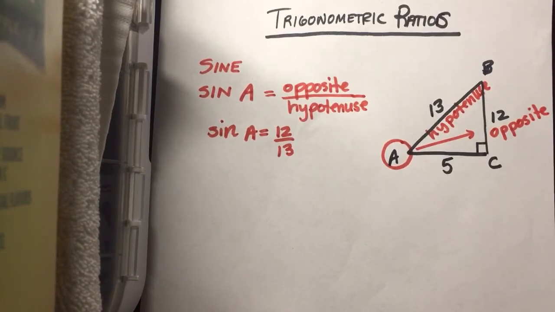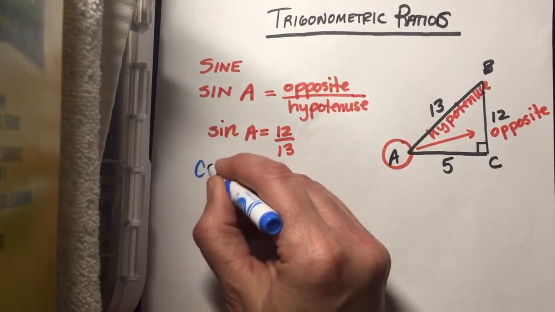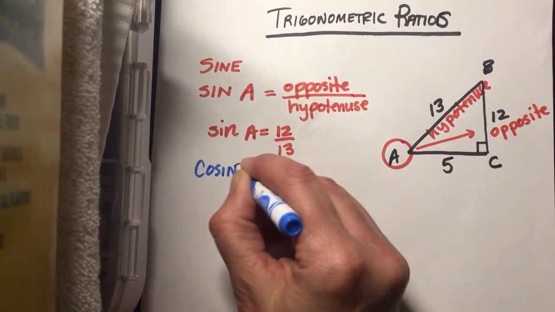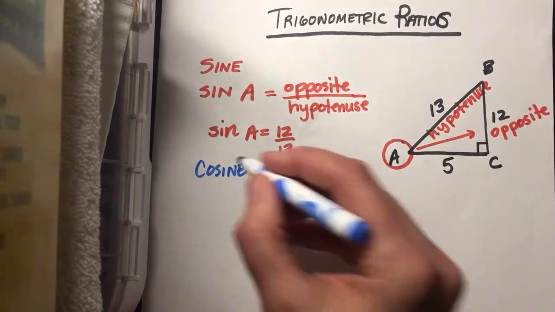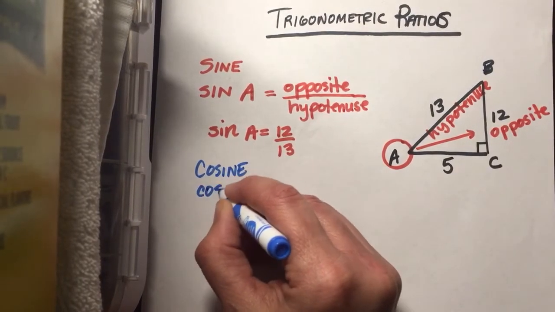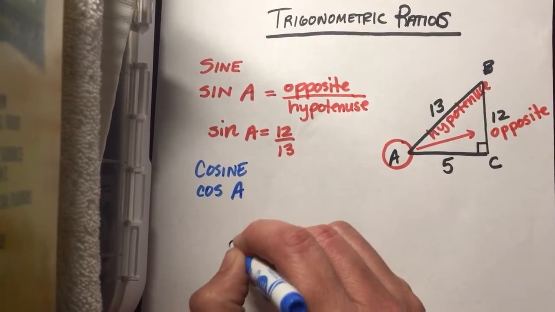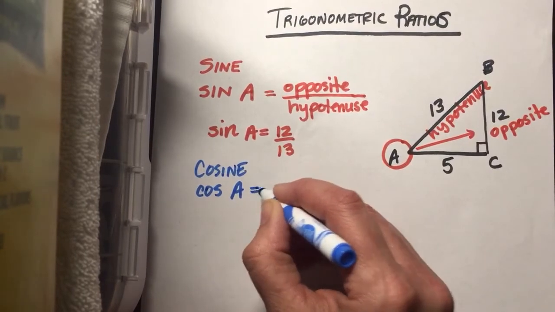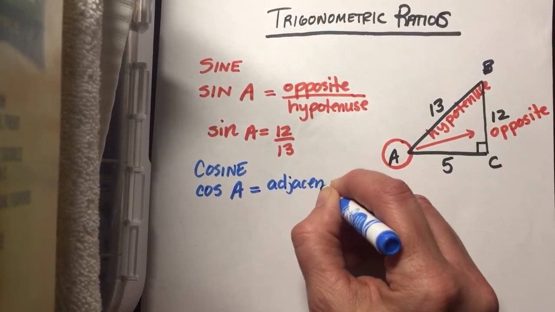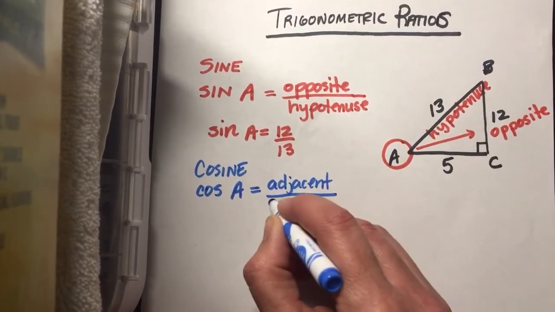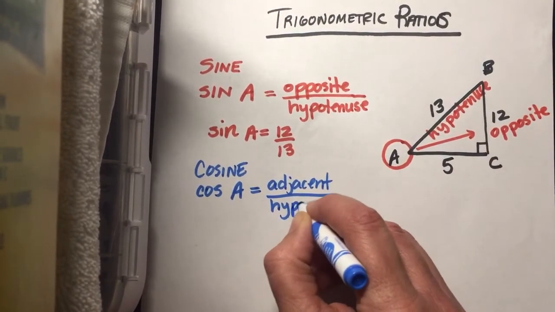Now, let's look at the next function. The next function I'm going to do is cosine. And again, if you look on the calculator, it's pronounced cosine, but we abbreviate it a bit, so it's going to look like cos. The cosine ratio is the side adjacent to the angle over the hypotenuse.